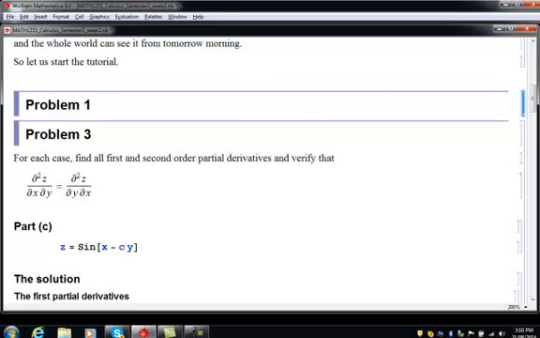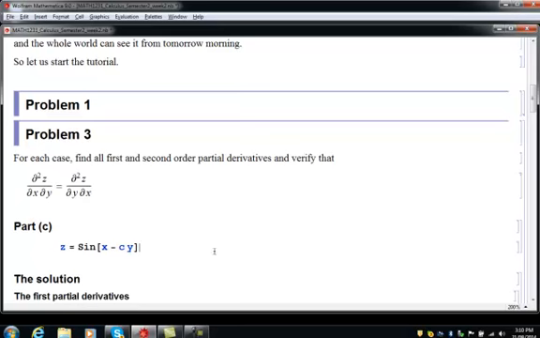Problem 3 is about partial derivatives. We're given a number of functions, and for each of them we're asked to find all first and second order partial derivatives and verify that the mixed partial derivatives are equal independently of which order we do the differentiation.